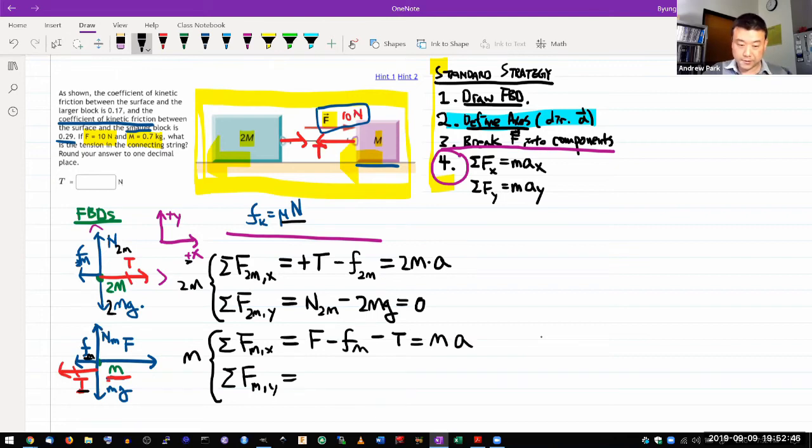All right, almost done here. In the y direction, I have the normal force minus the weight, this time it is mg, is equal to 0. All right. So even getting to this point, it was quite a bit long, partly because I was talking the whole time. So this is actually the end of the standard strategy, kind of.